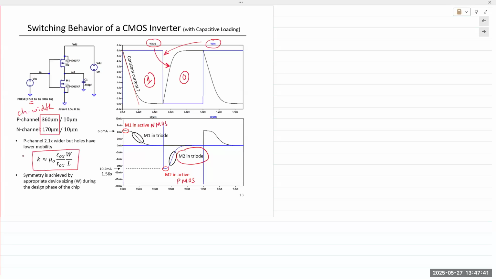This K parameter, of course, describes the channel. Everything else being equal, this is different. Mu n is far greater than mu p. I refer students to check back to chapters 1 and 2. Okay.